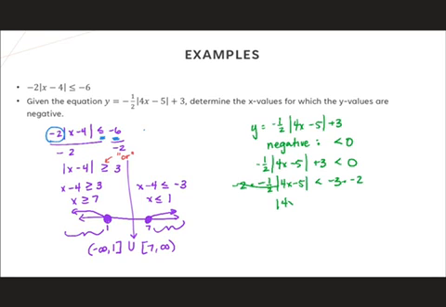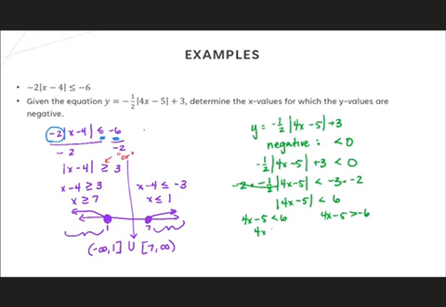So the absolute value of 4x minus 5 is less than +6. Then we split our cases. So 4x minus 5 is less than 6, and 4x minus 5 is greater than -6.